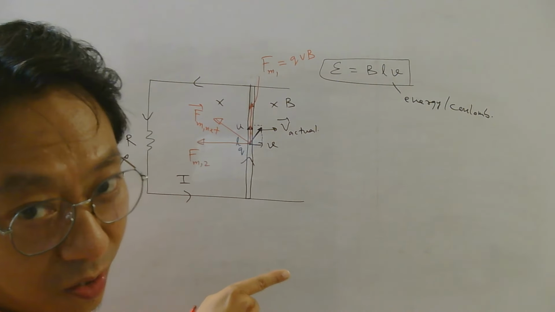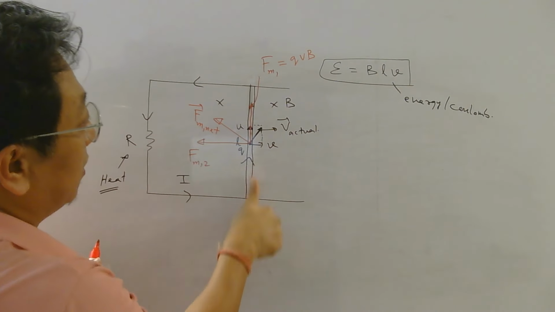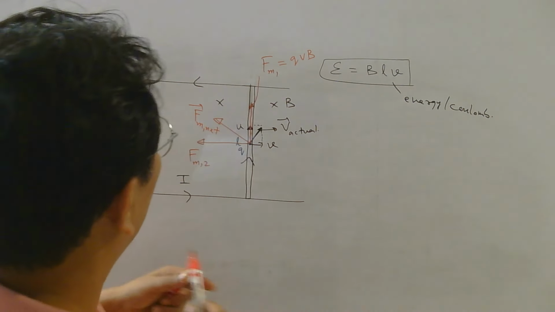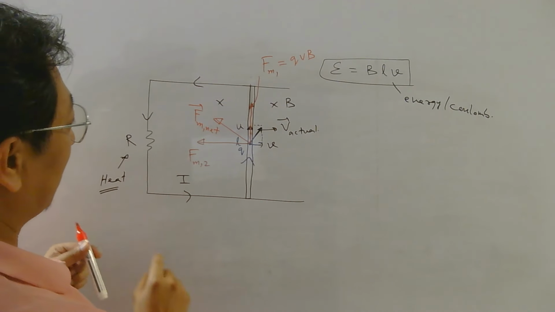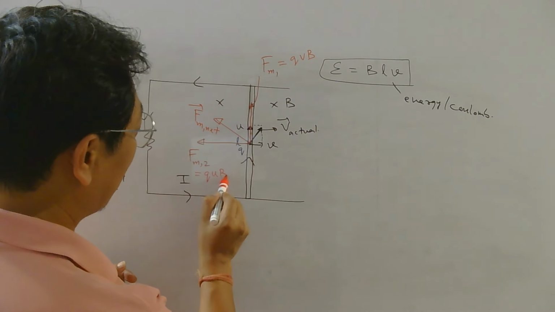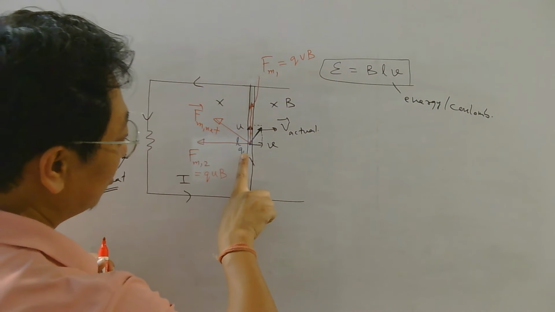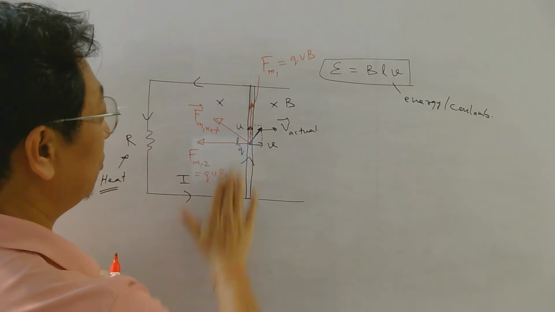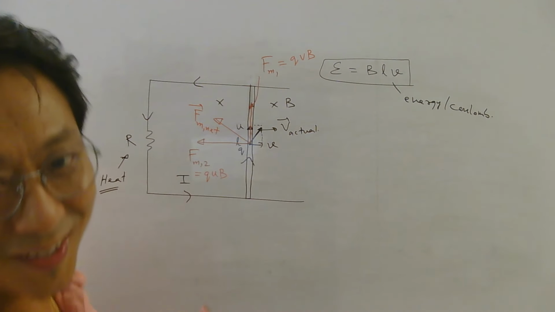According to the cross product rule, V cross B is here. So this is QVB. And this component of magnetic force will be what? Can you guess? QUB. Why UB? Because this force is due to this velocity of the charge, U. So U cross B is this side, isn't it?